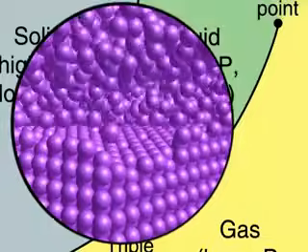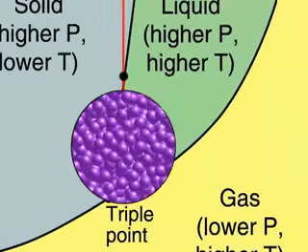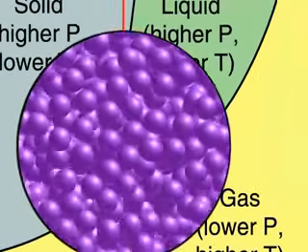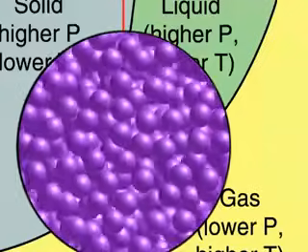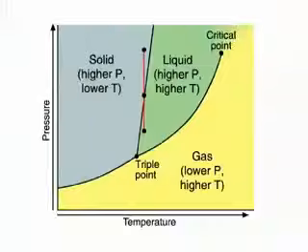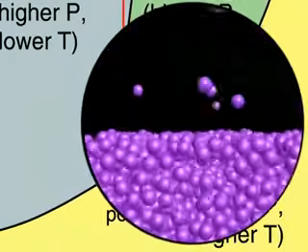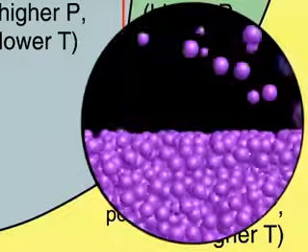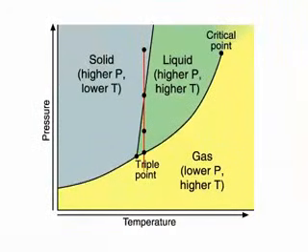Thus, the sample melts due only to a change in pressure. Then, the pure liquid exists until a further pressure decrease balances liquid and gas in equilibrium. And finally, the pure gas.